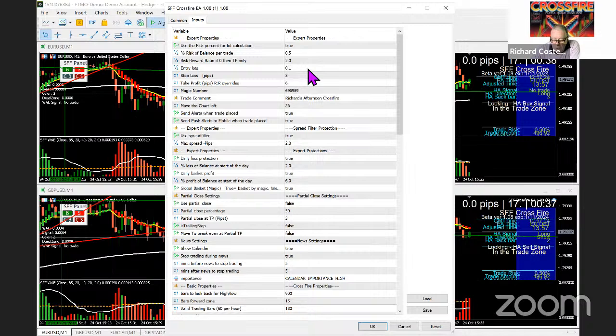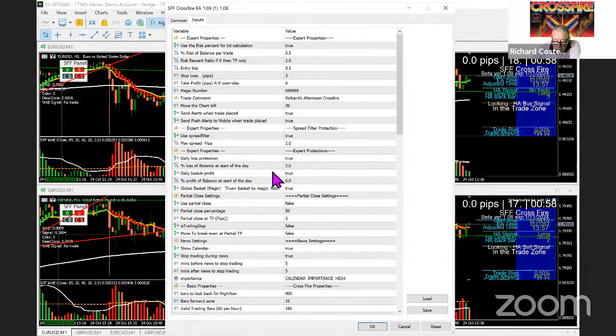So basically what I'm doing is I'm telling the trading assistant that I'm prepared to risk 0.5% of my account balance on this pair, but I want the trading assistant to group all the pairs that have this magic number, there on the expert protections, and lump them together into one basket.